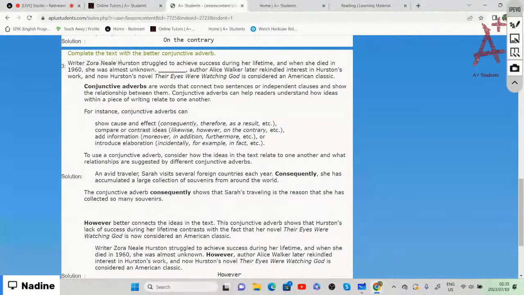Writer Zora Neale Hurston struggled to achieve success during her lifetime, and when she died in 1960, she was almost unknown. Author Alice Walker later rekindled interest in Hurston's work, and now Hurston's novel Their Eyes Were Watching God is considered an American classic.